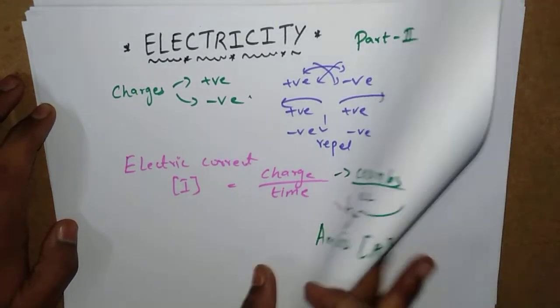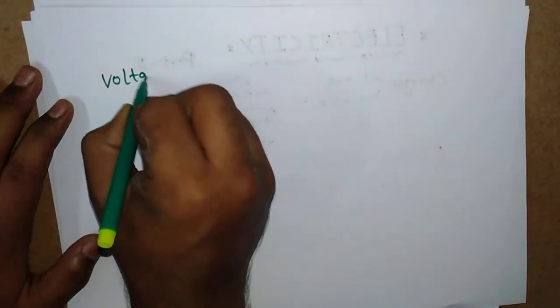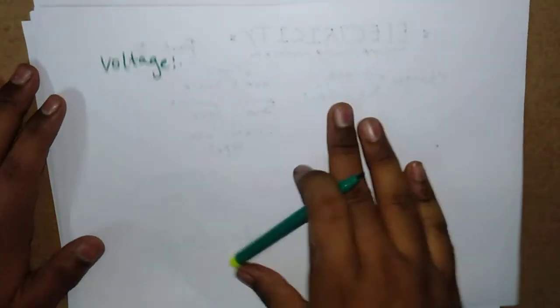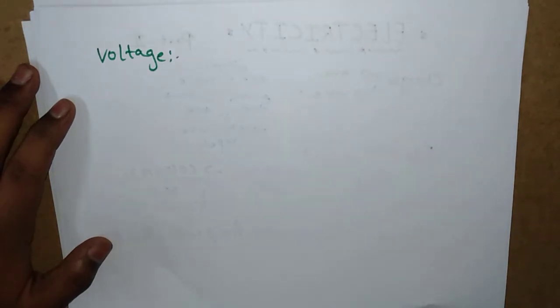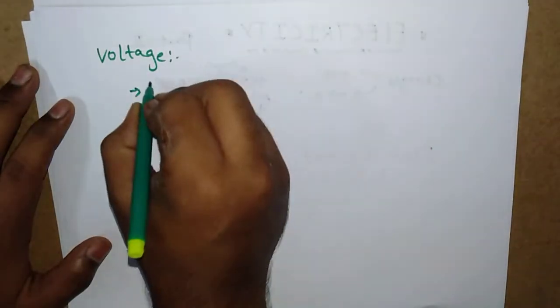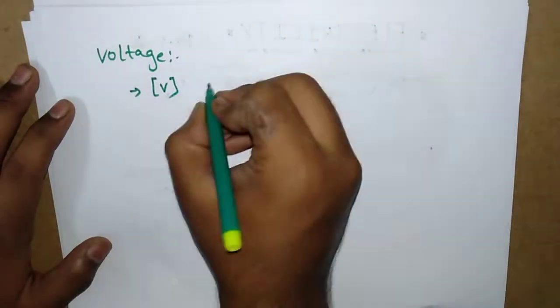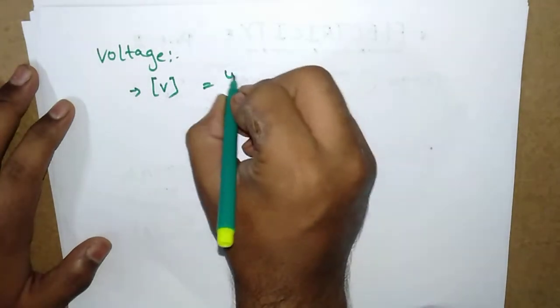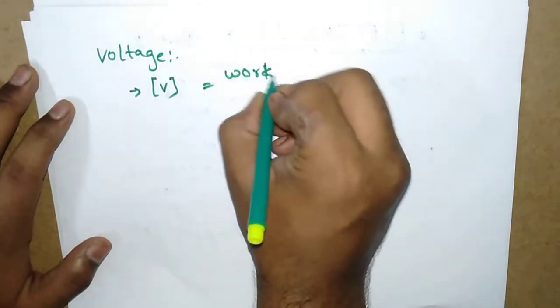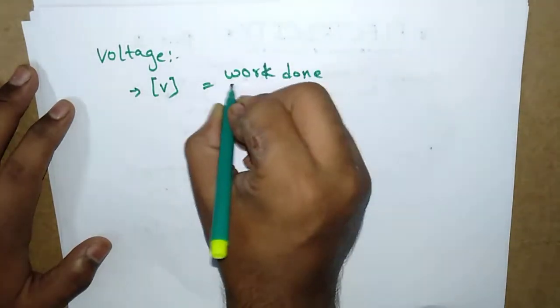The next thing we discussed in our previous video is voltage. Voltage is the work done on a charge to move it from one place to another. Voltage is denoted by the letter V, and it is the work done per charge.